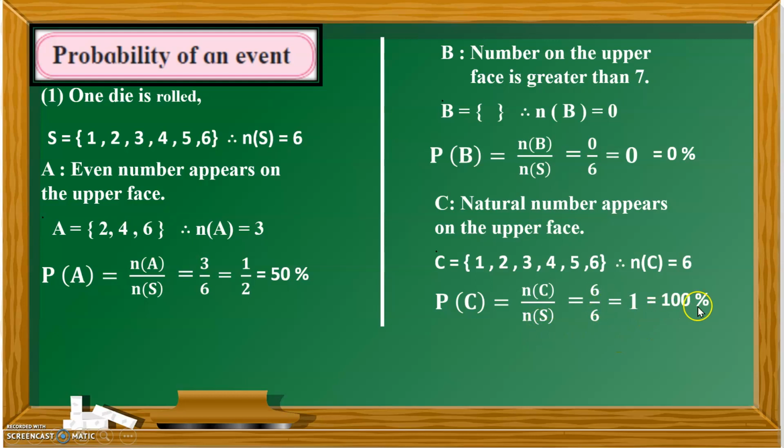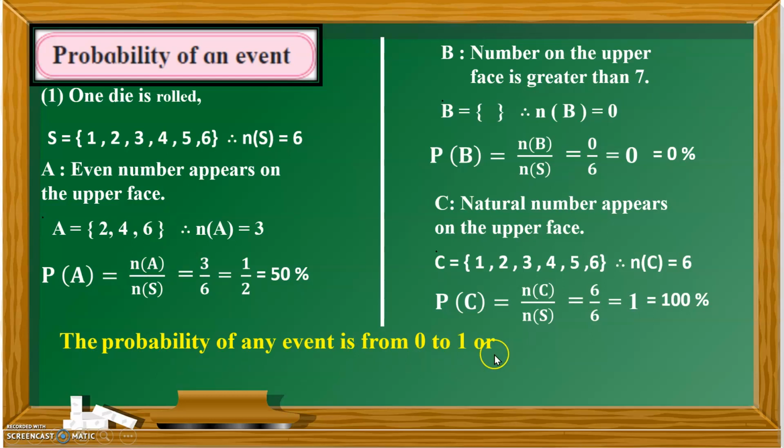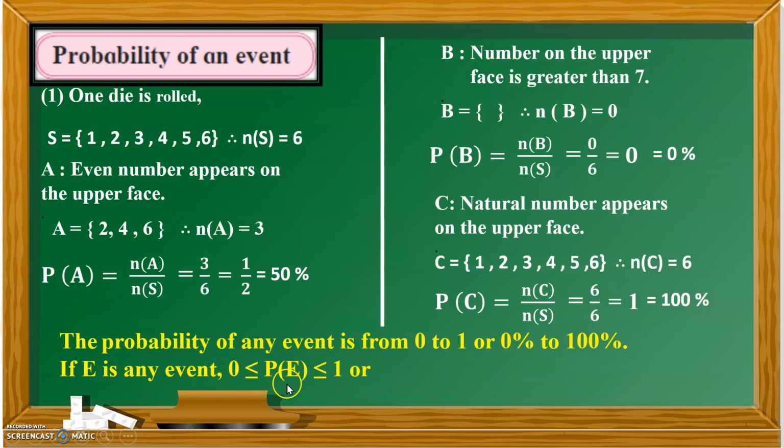So we can say that the probability of any event is from 0 to 1 or from 0% to 100%. If E is any event, then 0 is less than or equal to P of E less than or equal to 1, or 0% is less than or equal to P of E less than or equal to 100%.